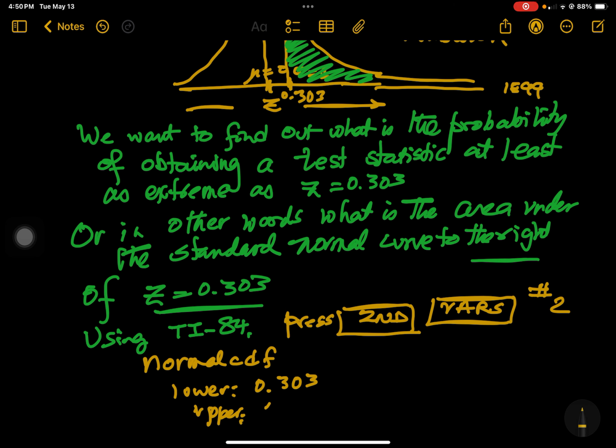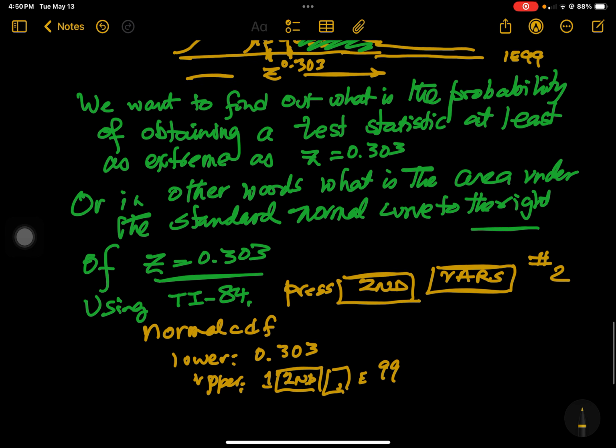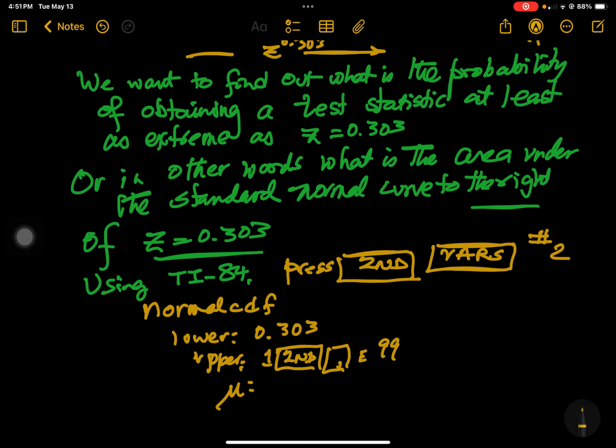In the calculator, we type 1, then press the second button and then the comma button. Where is the comma button? It's on top of the 7 button, gives me capital E 99. Leave the mu at 0 and sigma at 1.